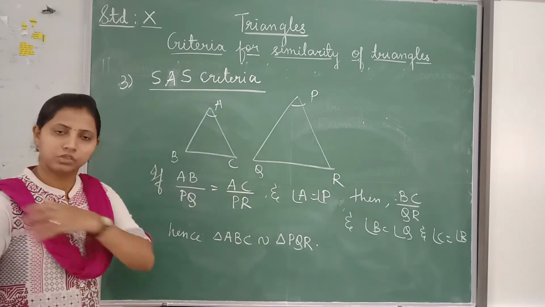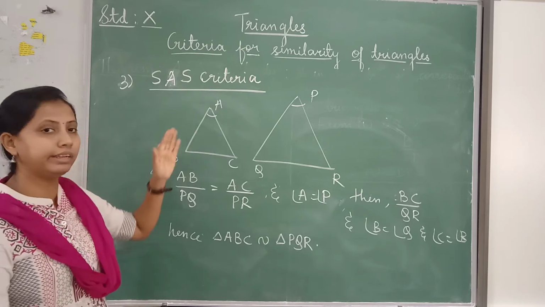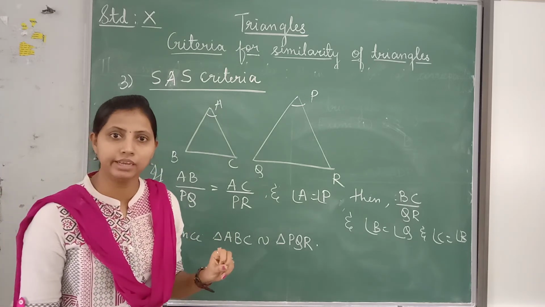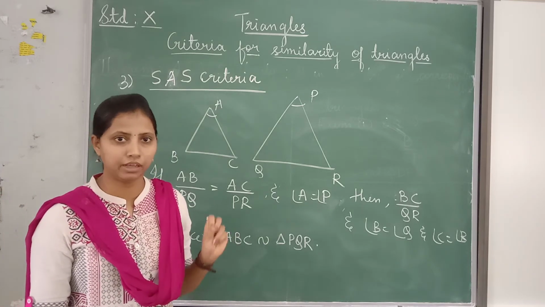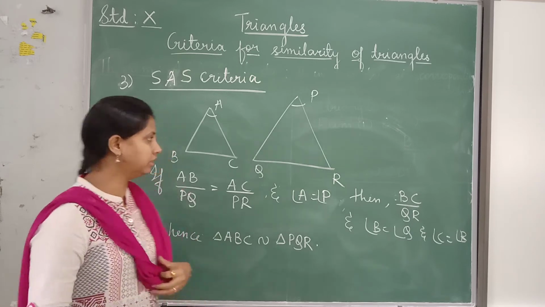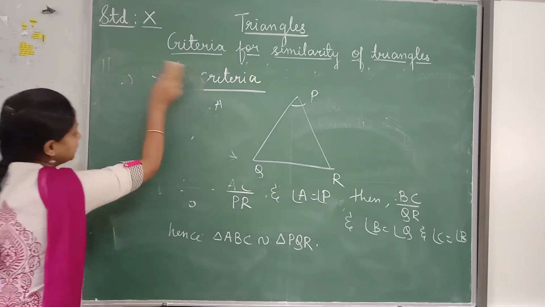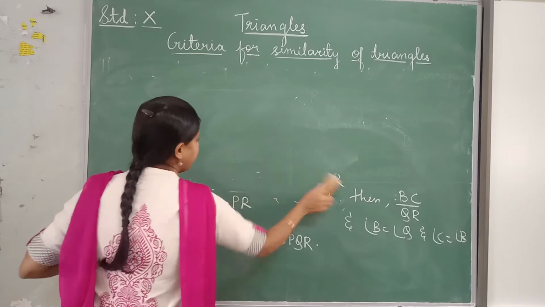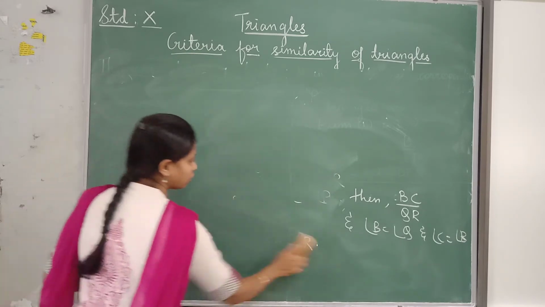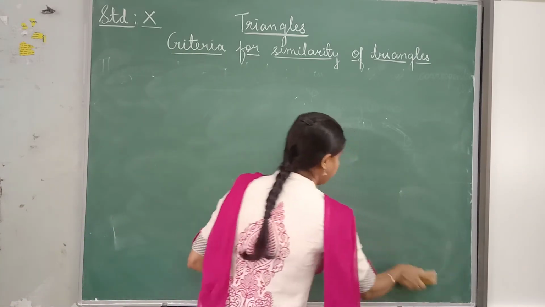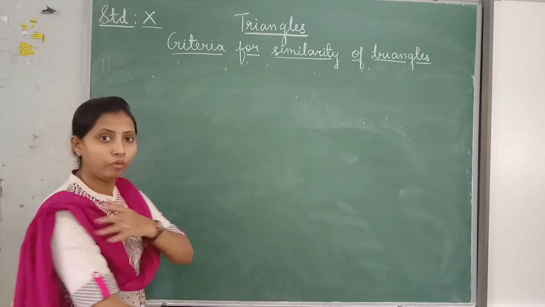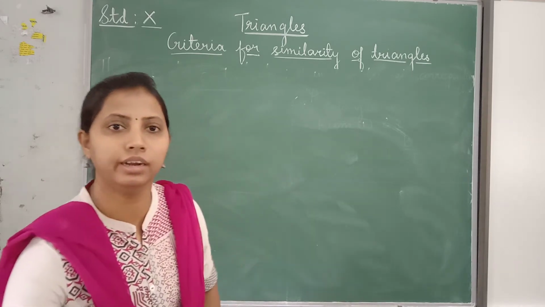This is another criteria by which you can recognize whether two triangles are similar or not. Okay children, I hope you have understood all the three criteria for similarity of triangles. These criteria you have to use in solving and proving the sums. So understand it well.